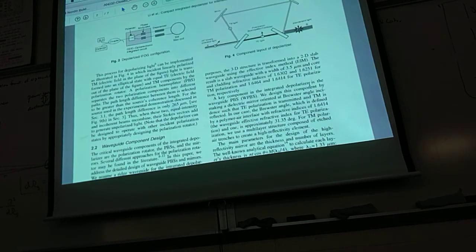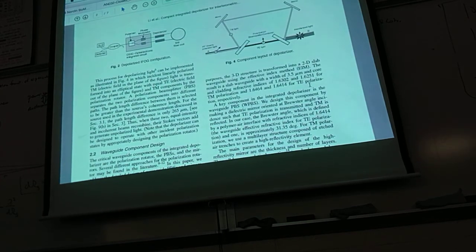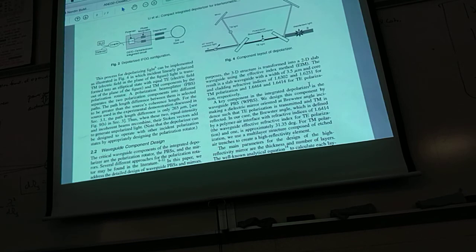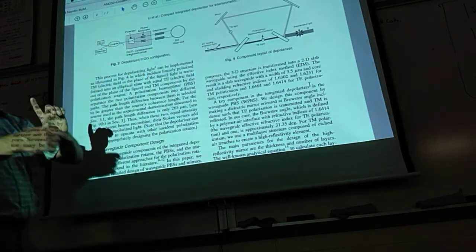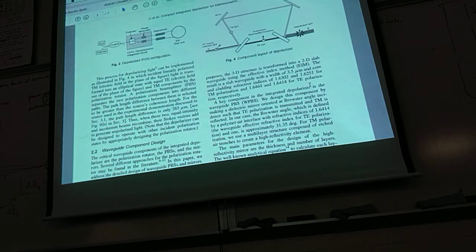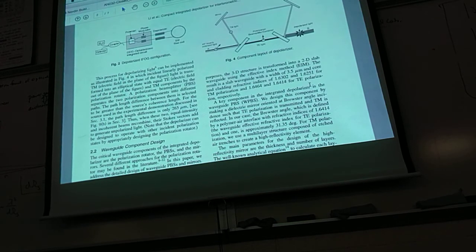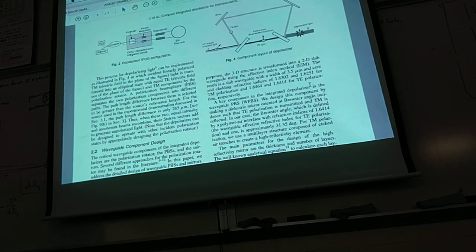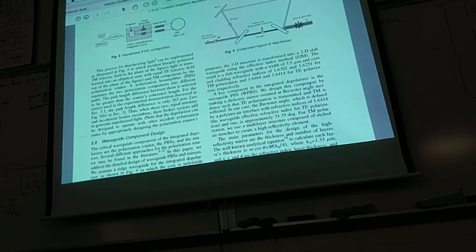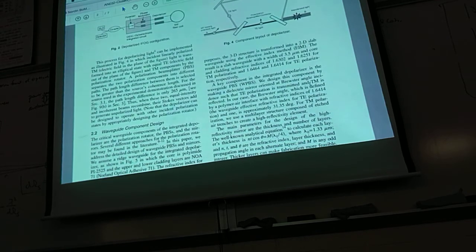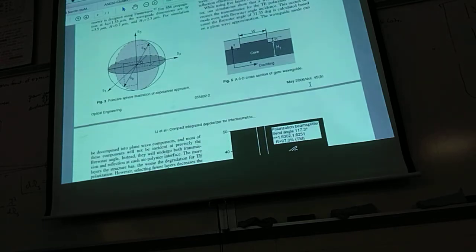What we found is that to get depolarized light, we need to make the in-plane and the out-of-plane light incoherent with respect to each other. And so how does one do that? Well, the only thing we can play with here is path lengths. That's it. We can make the TM light have a larger path than the TE light.